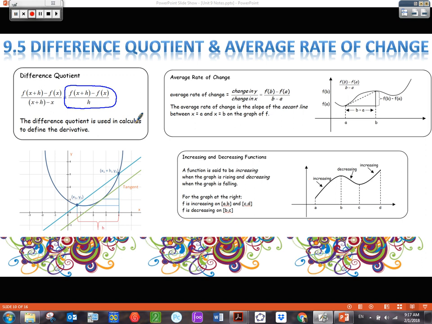But our goal in finding the difference quotient is we use this formula, and then our goal is to get rid of this h in the denominator. That's our goal, algebraically. So in calculus, the limit as h goes to 0 would be in front of this, and hopefully you can see the reason why we would want this h to be gone.